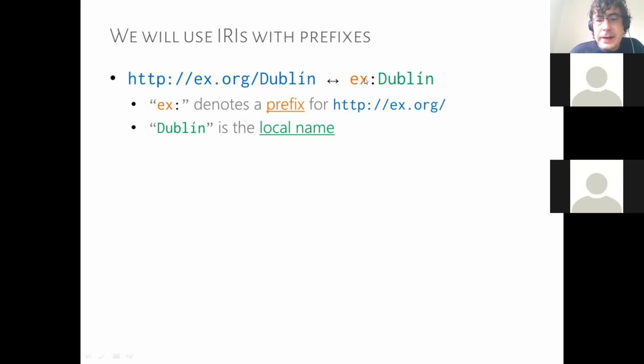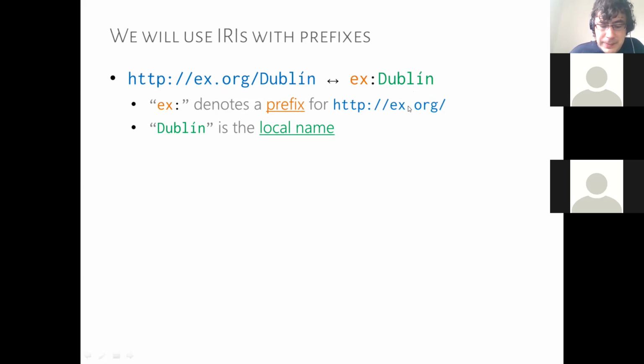But ex:Dublin is not really a key-value thing, because under this ex prefix we could have Dublin, we could have Santiago, we could have different countries. So really, it's just a kind of shortcut. If we are defining lots of cities with this sort of pattern, or lots of entities, which can also be countries and planets and whatever we like, we can use this prefix for them.